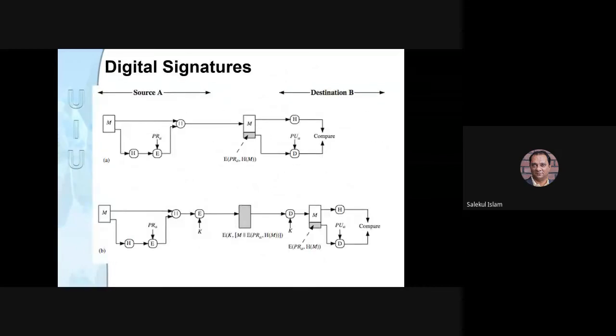Definitely, if you want to do something else in addition to integrity, then say for example, if you want digital signature, then you need hash plus private public key. So for digital signature, only private key public key is not enough.